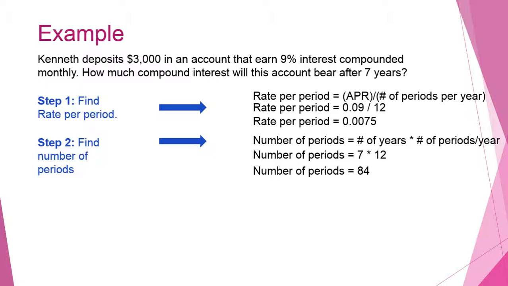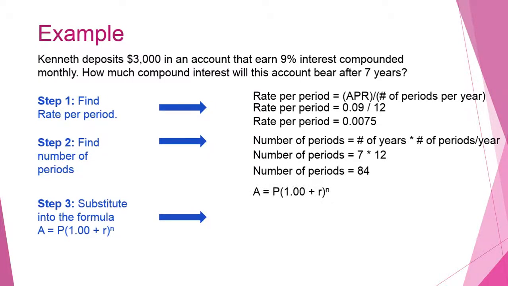That means this account will be compounded 84 times in 7 years. So the third step is to substitute into the formula. So P again is the principal, that's the 3,000. R is the rate per period, which is 0.0075, and N is the number of periods, which is 84. So we plug all of that in.